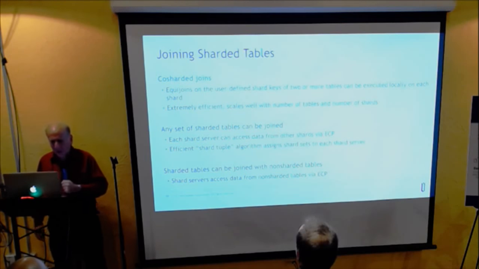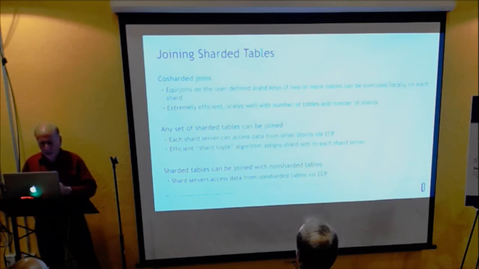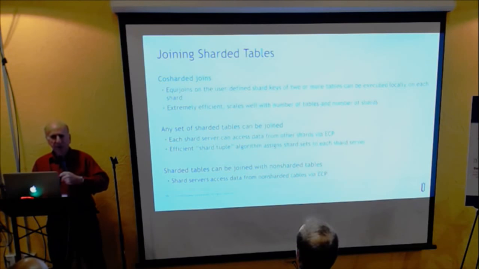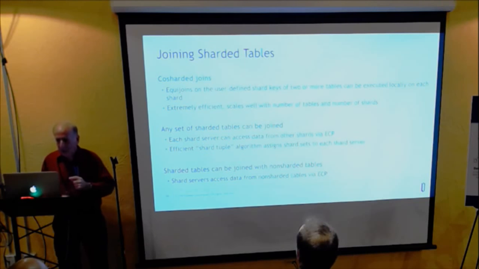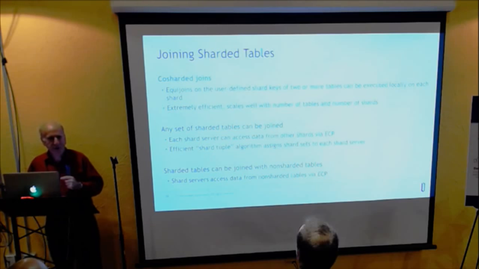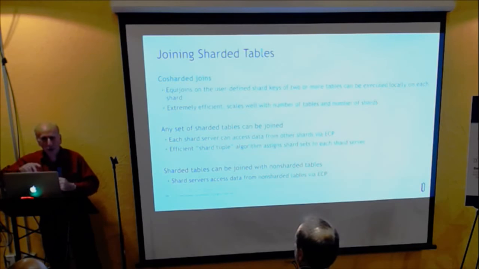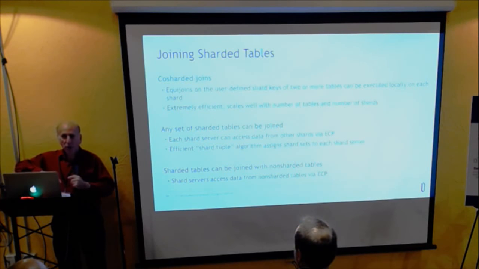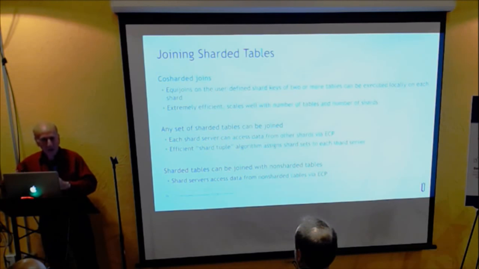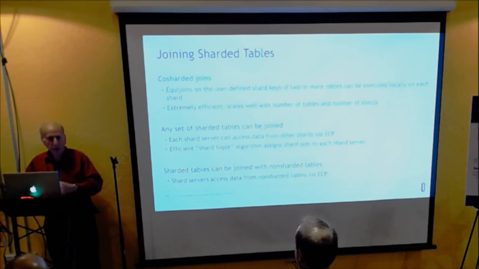We have an algorithm which we call the shard tuple algorithm. A shard tuple is basically one permutation of a row of each table from a particular shard, and we assign those permutations to different shards in a way that maximizes locality of reference while minimizing cache thrashing by making sure that as much as possible we're going through those permutations in the order that will tend to reuse cache pages that we already have locally.